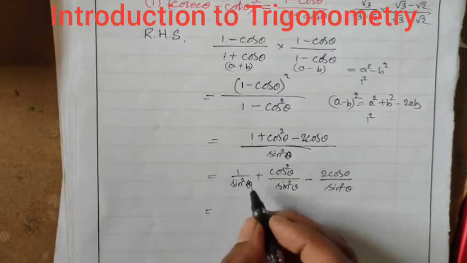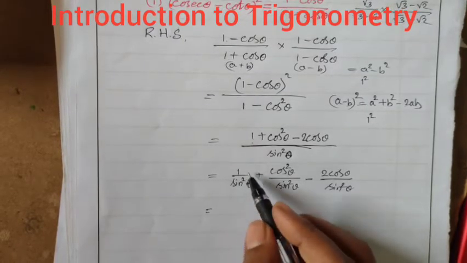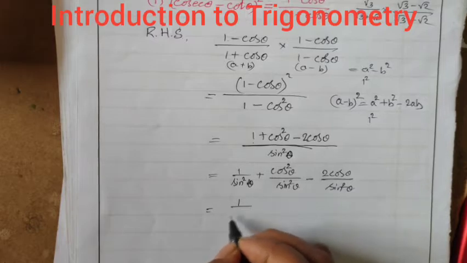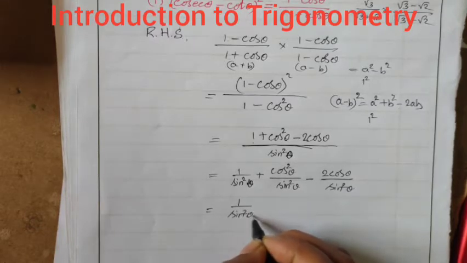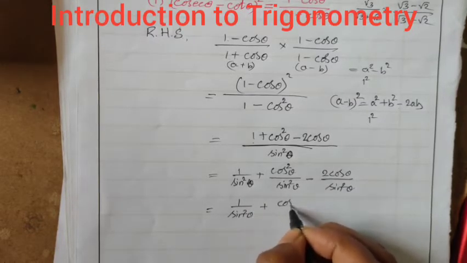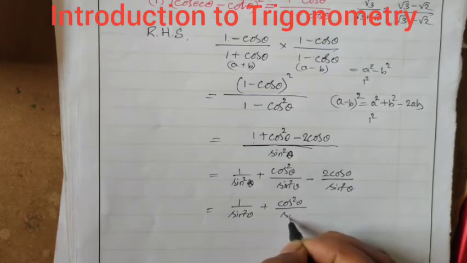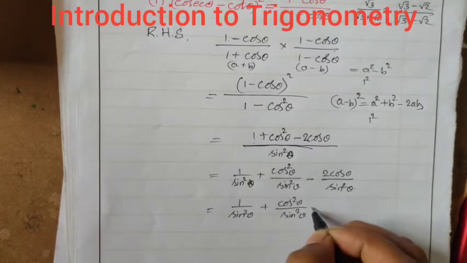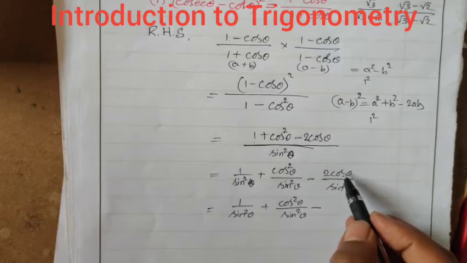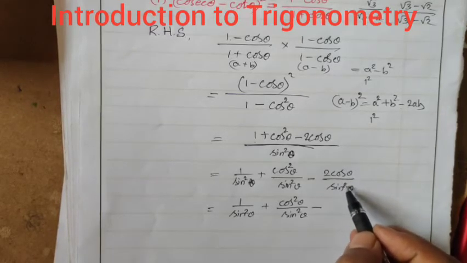So you write again, 1 minus cos square theta is sin square theta, so I write once again sin square theta plus cos square theta by sin square theta. And you can observe this one. Here is only one term, here is the square term.